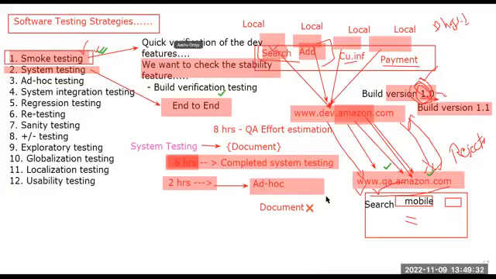The main intention of ad hoc testing is to get some extra defects. To get some extra defects, we can focus on ad hoc testing, meaning we can revisit the application and test it. Definitely, during system testing, in the 6 hours, you will get sufficient defects, but still there is a possibility that we can get some extra defects.